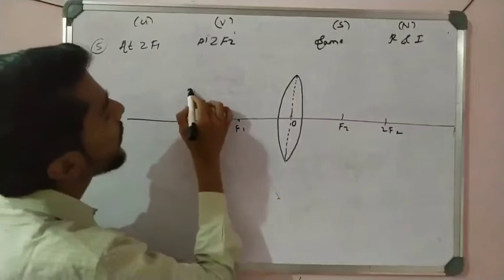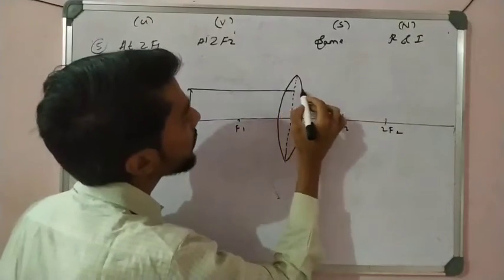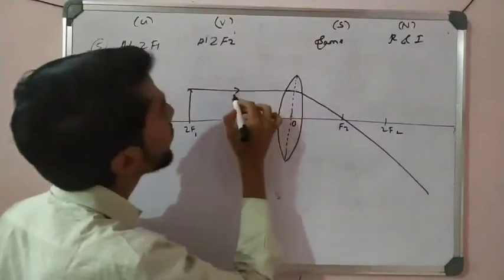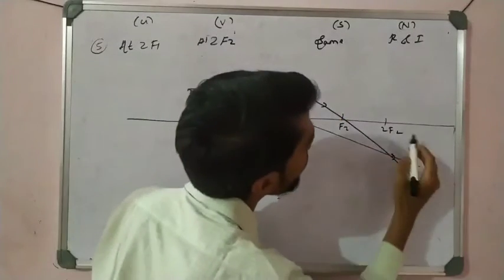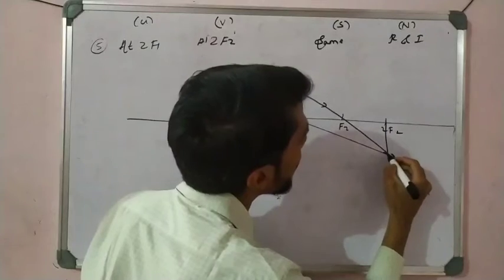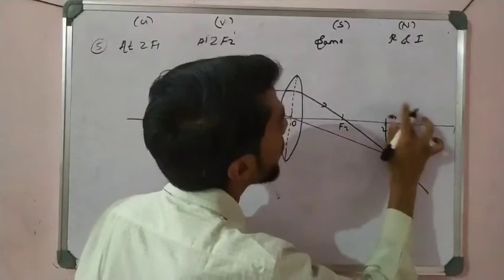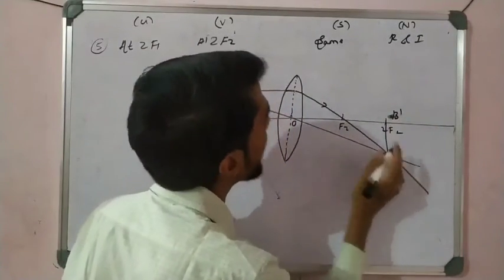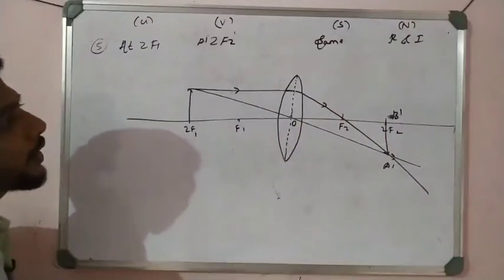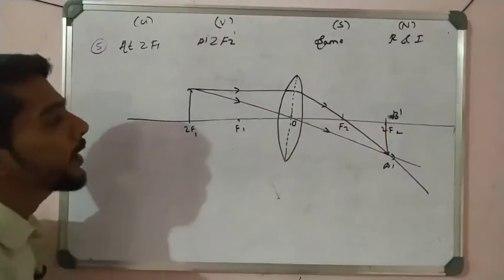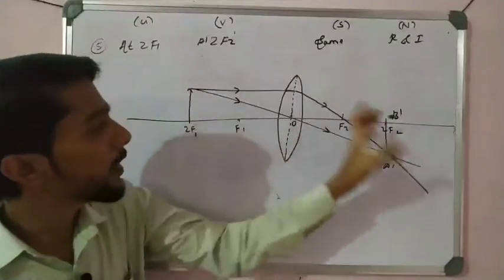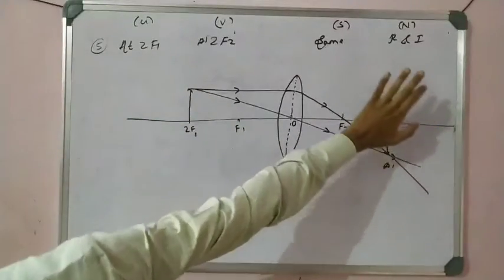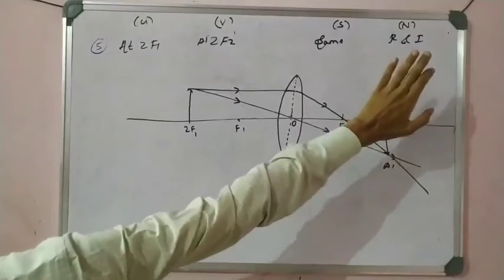So what happens? See. It is passed to F2. Okay, and after that it is here. So see exact what happened here. It is exactly at 2F2, right? So this is an important point to remember. At 2F1 the object, at 2F2 the image. So you have to remember this, right, students?